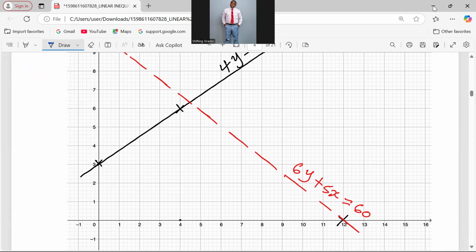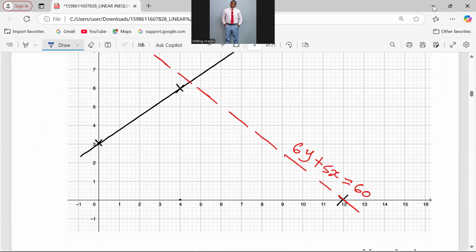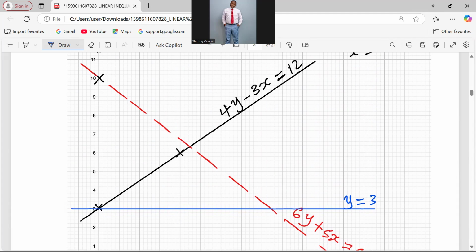Along that line, we draw our borderline. Remember, it is greater than or equal to, so the borderline is supposed to be complete. We will have a complete borderline here, which is line y equals 3.